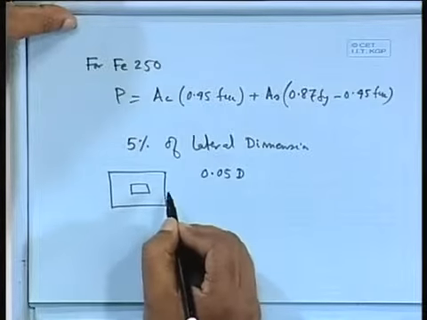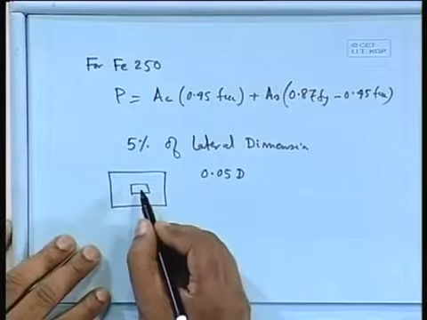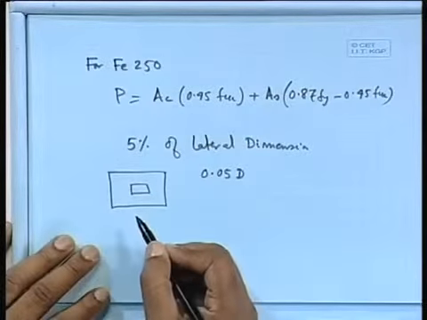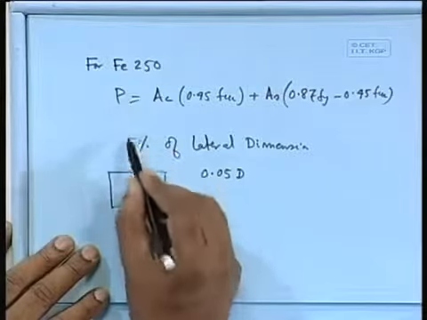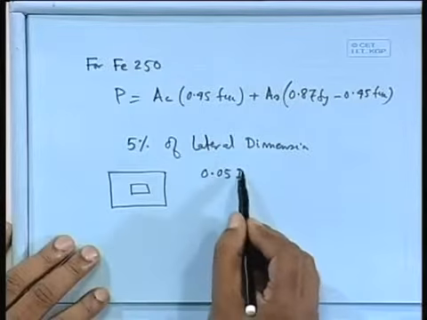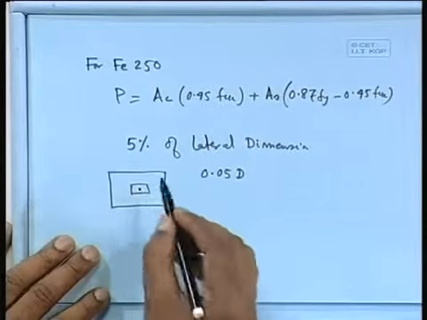If it goes beyond that, then the applied load P multiplied by the eccentricity will give the corresponding moment. But here, since we are talking about an axially loaded column, we are not necessarily at the midpoint.